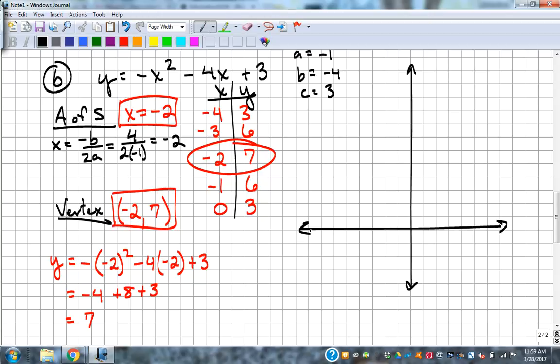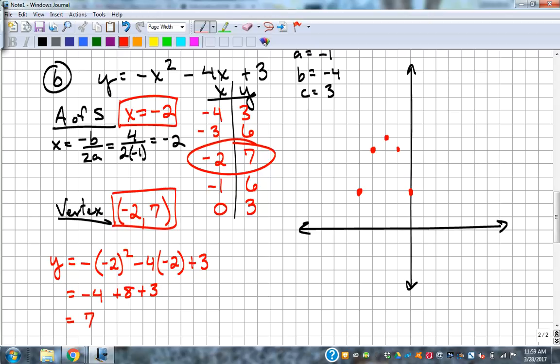That should be a decent coordinate plane to graph this one on. And I'll plot those points: -4, 3; -3, 6; -2, 7; -1, 6; 0, 3.